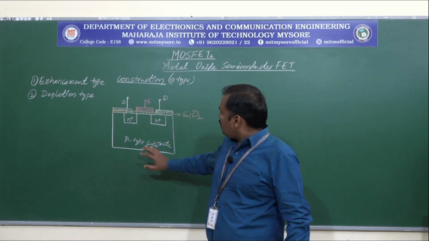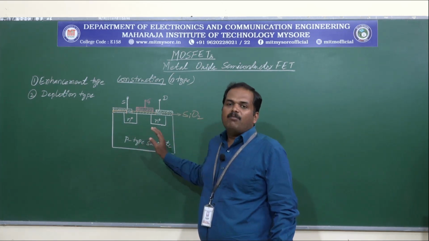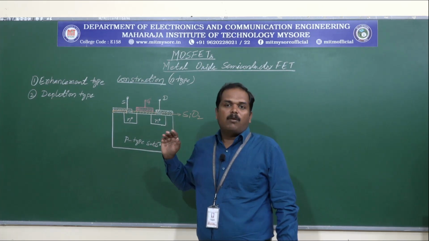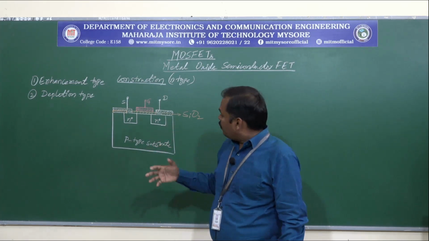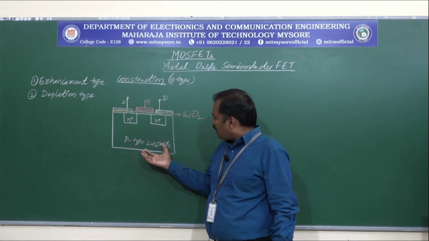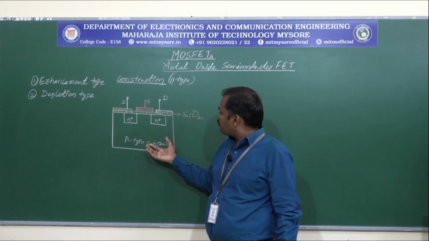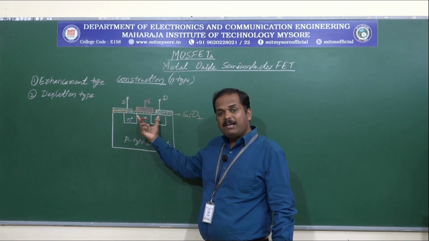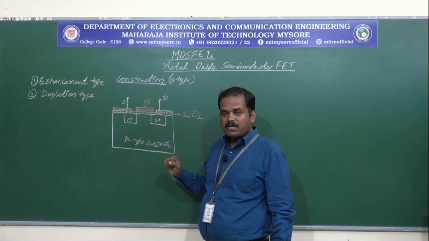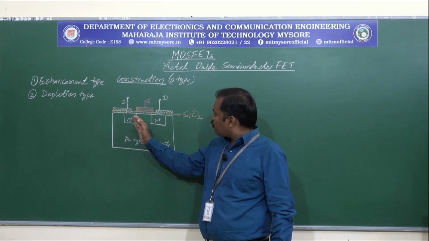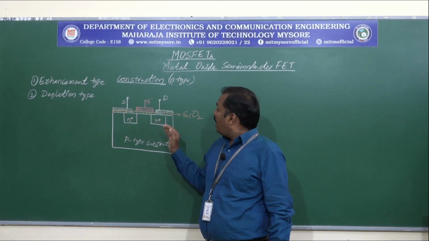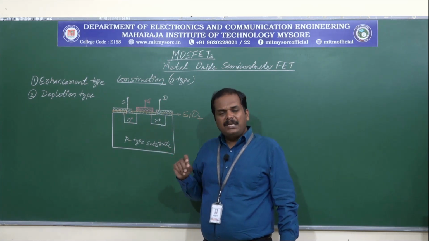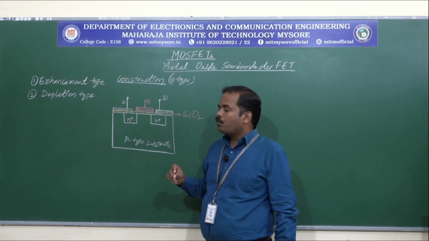So this is the construction of the N-type enhancement mode MOSFET device. What we have here is, as a base, a P-type substrate into which two heavily doped N plus regions are diffused, which will work as the source region and the drain region, and on the surface we deposit a thin layer of SiO2.